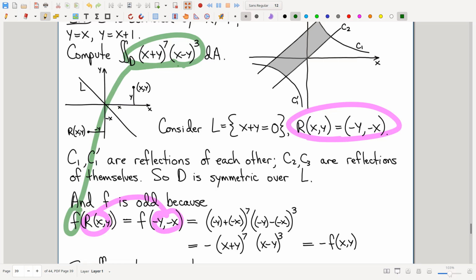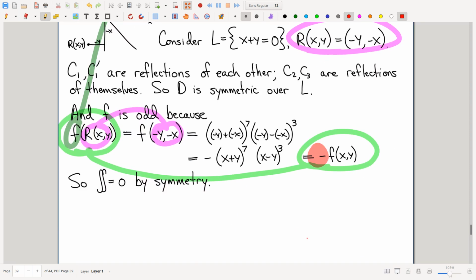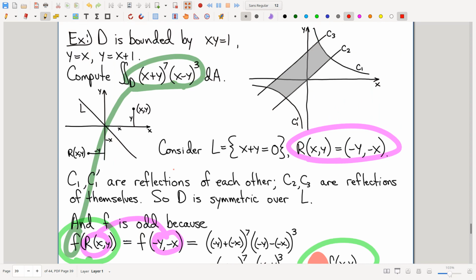But if you go through and check it out, sure enough, what you find is that the value at the reflected point is indeed the negative of the original value. Okay. Everybody happy? All right, and so victory. Integral 0 by symmetry. And this could have been a really ugly calculation. You look at that domain, it's pretty weird. I guess I could think in terms of a change of variables that would rotate it, but I feel like this could be unfortunate, and I feel like this is a much better answer.